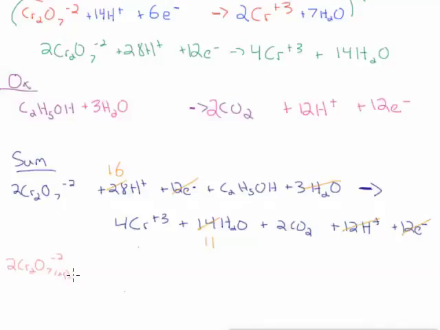Plus 16 hydrogens, again aqueous, plus just one of these, it's a liquid, producing 4 chromium ions.